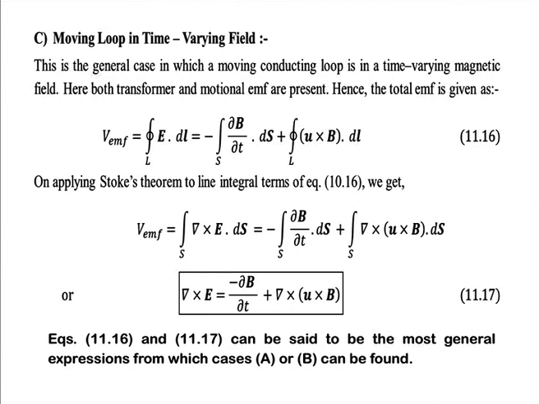If we apply Stokes' theorem to the line integral terms, we finally get curl of E is equal to minus del B by del t plus curl of u cross B. Equations 11.16 and 11.17 can be regarded as the most general expressions from which the expressions derived in cases A and B can be derived.